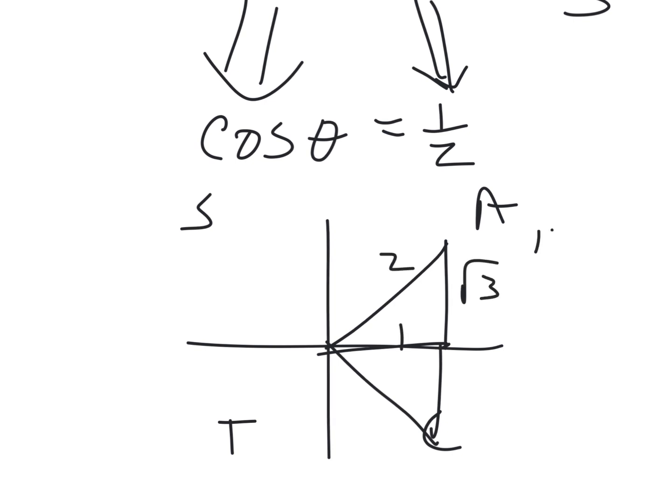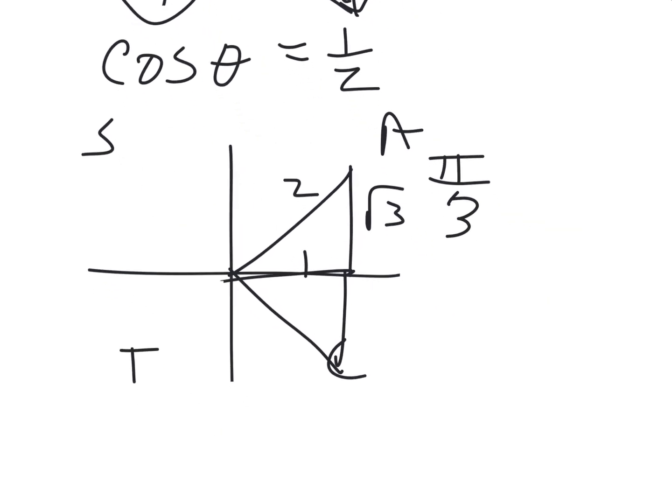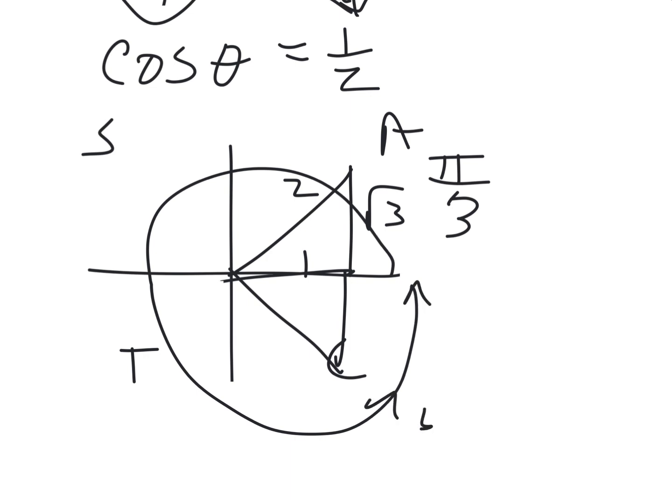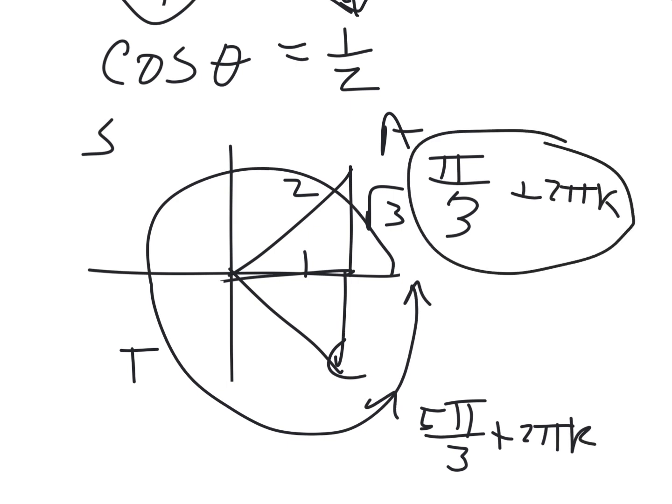Across from square root of 3 is pi over 6. Nope, pi over 3. And then it's a whole bunch of pi over 3s. 3, 4, 5, 6. Back off 1 is 5 pi over 3 plus 2 pi k. That all make sense to you?